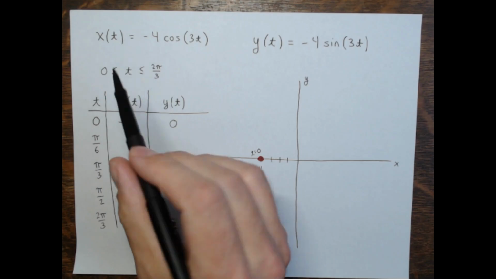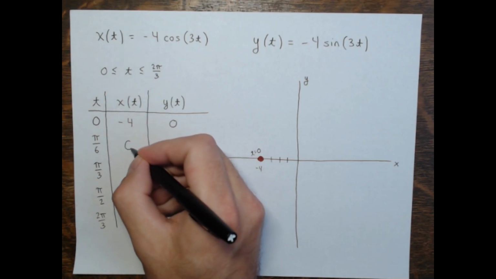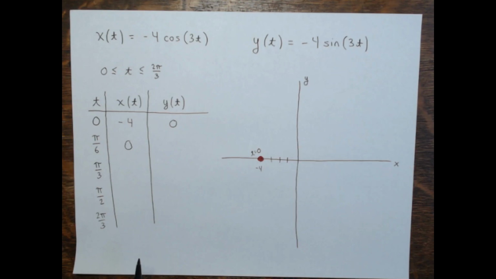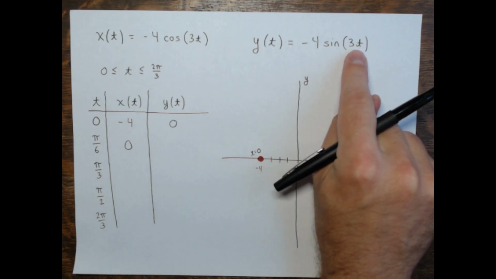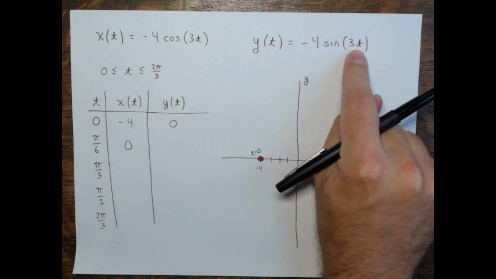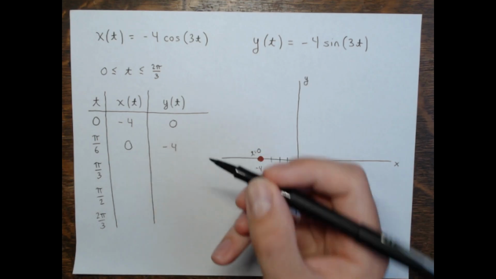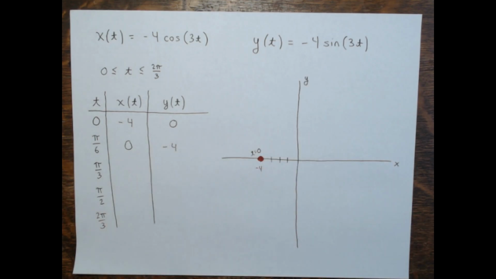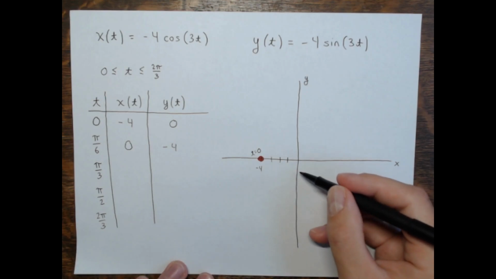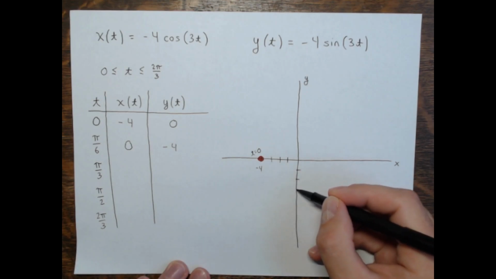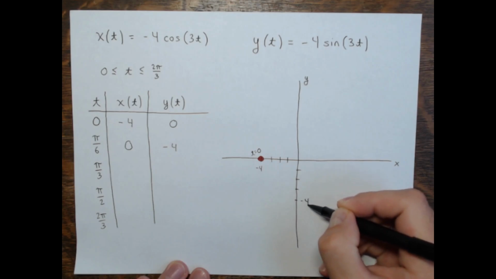So then times -4 would be 0, the x coordinate. Then the sine of 3 pi over 6, the sine of pi over 2 was 1 times -4 is -4. So I'm at this location on the y-axis now. 0 for the x and now -4 for the y.